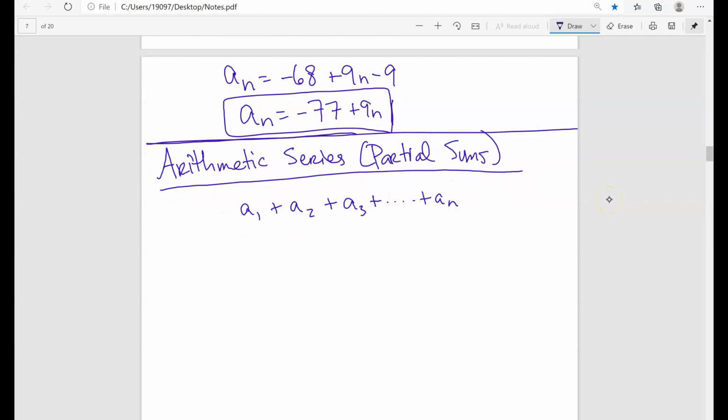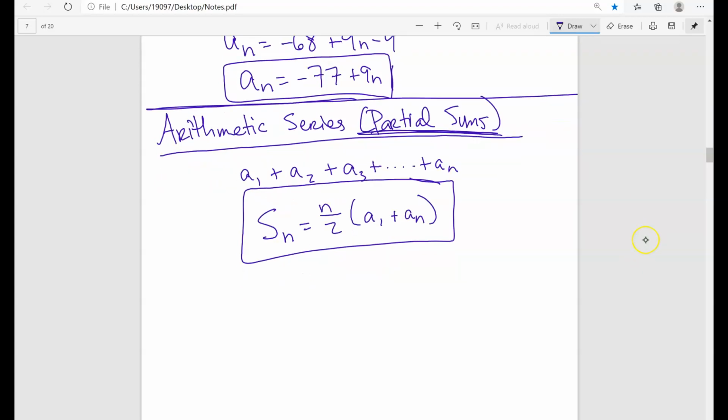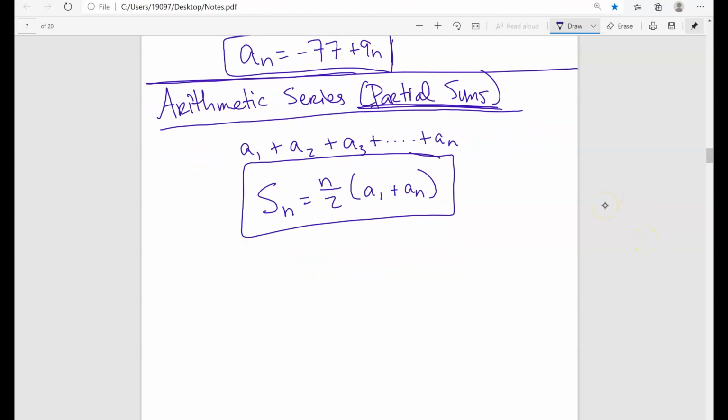And the formula in this case would be S sub n is equal to n over 2 times a1 plus an. So this is the sum for arithmetic series and what we call partial sums. So if you wanted to know what the sum of the first 13 terms of a sequence of arithmetic sequences is, then all you need to know is how many numbers you're adding up, what the first term is, and what the last term is. That's how you find it.